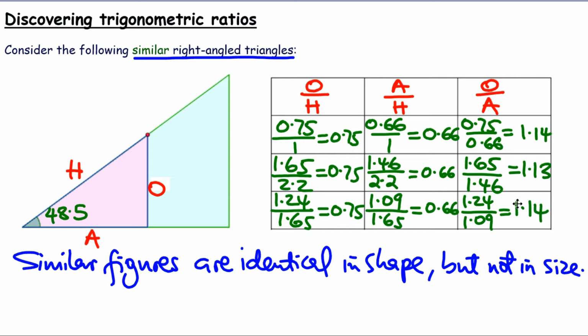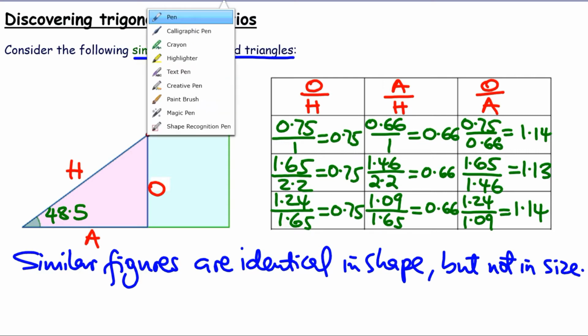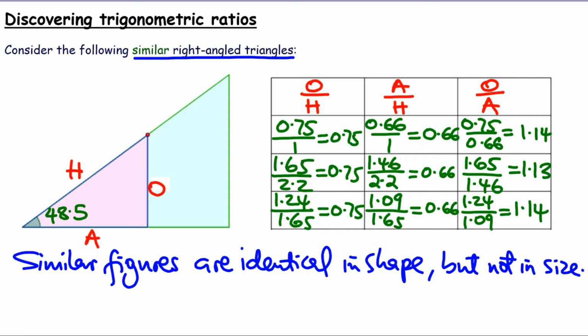So the whole idea here is, if you look at these answers, opposite over adjacent, you can see that all these answers are equal. If you look at the answers for adjacent over hypotenuse, again you can notice that all these answers are equal.